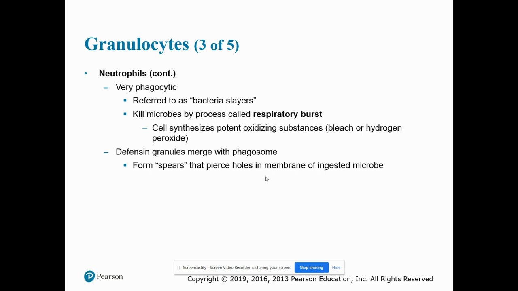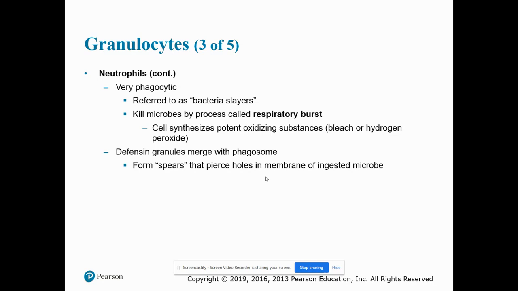Neutrophils are very phagocytic. They're called bacterial slayers. They actually kill microbes by a process called respiratory burst. This is when the neutrophil synthesizes potent oxidizing substances like bleach or hydrogen peroxide. And then remember, the granules contain defensin.